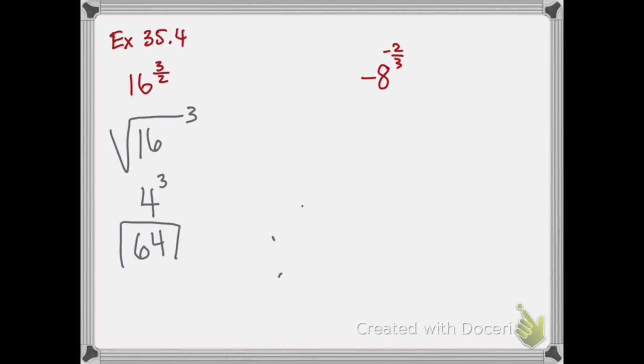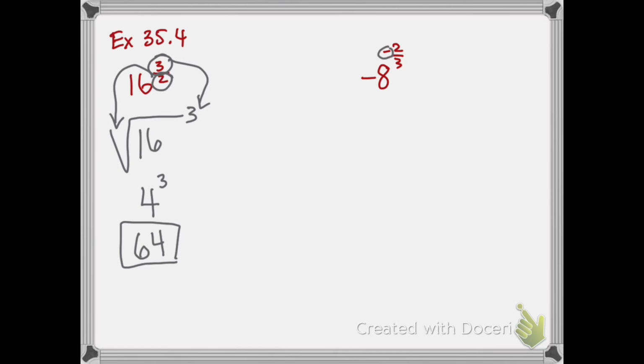And that's our answer. Do you see how simple it is? These 2 goes to the index, the 3 goes to the exponent, the 16, the base stays the same. Then we simplify the square root of 16, and then we do the exponent 3, which is then the answer 64. Let's look at the last one.